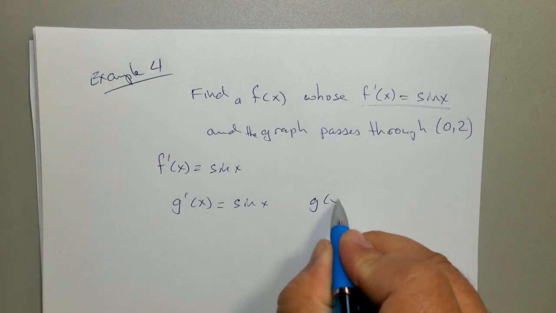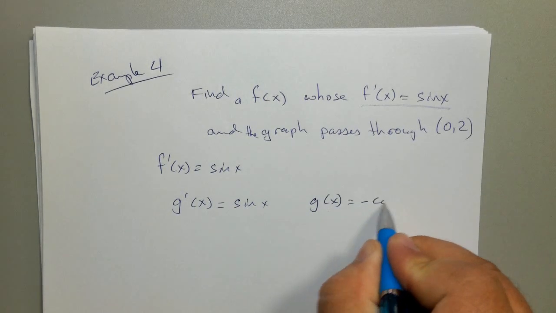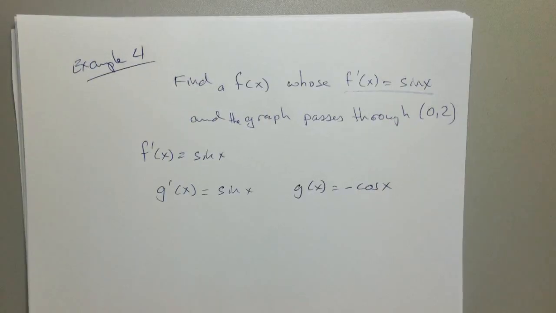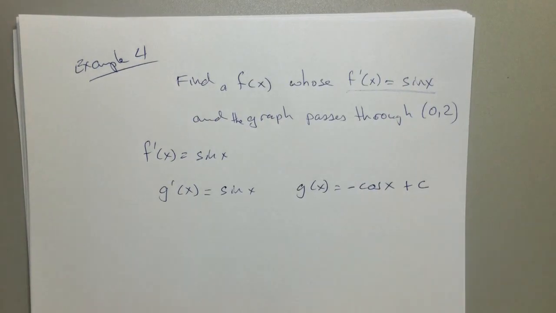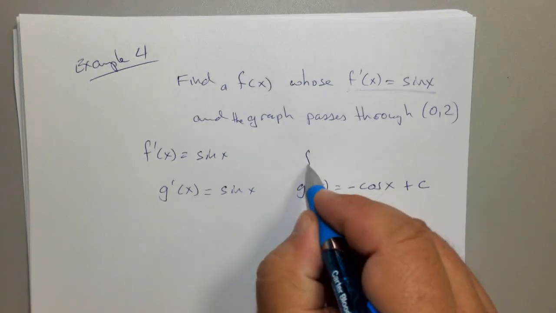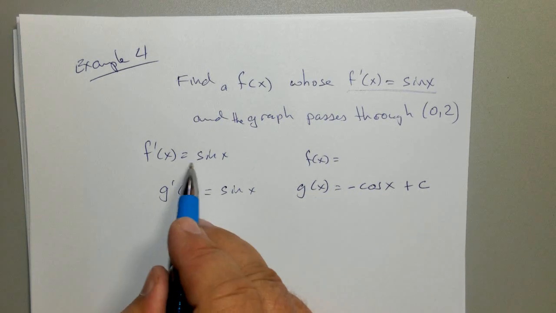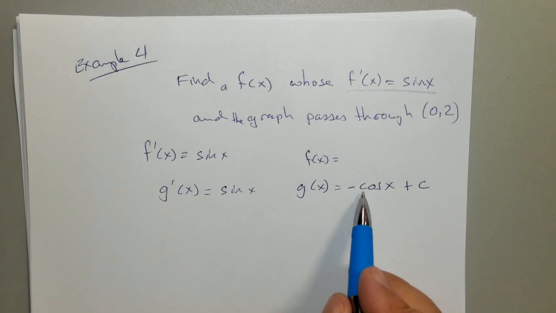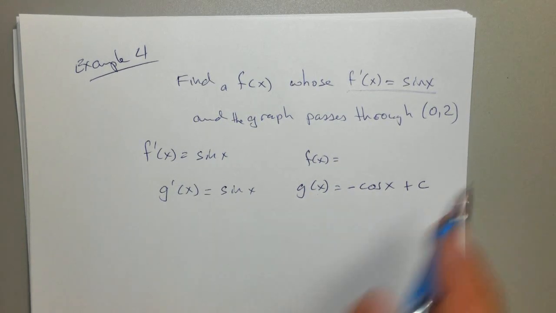That comes from negative cosine x plus some constant. Whatever f of x is, its first derivative is sine. The first derivative of negative cosine is sine. The c disappears.